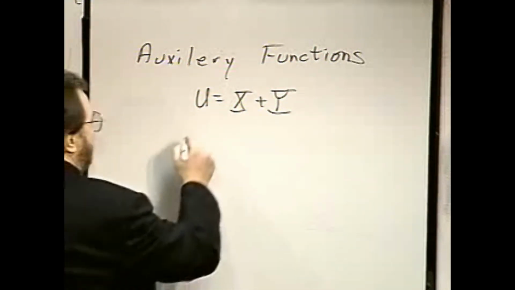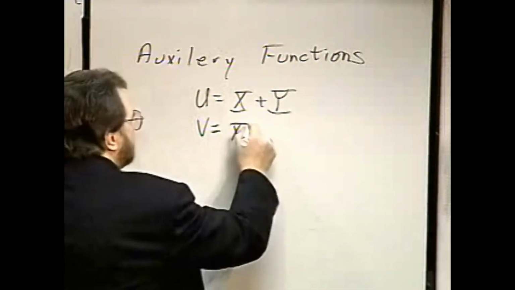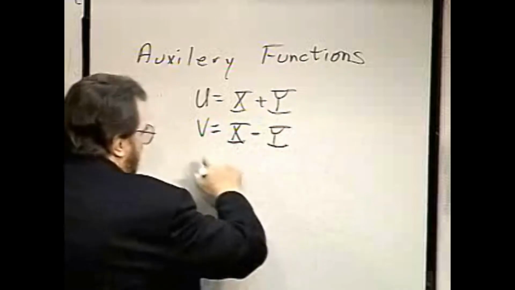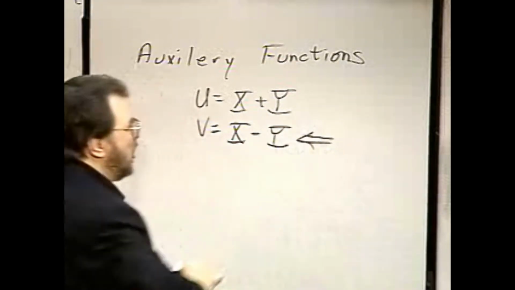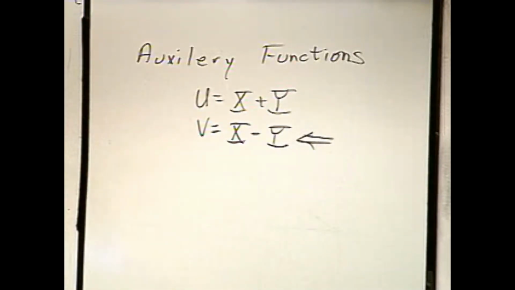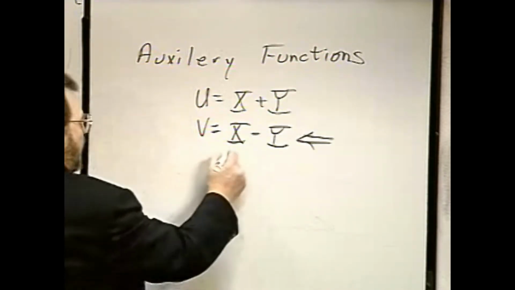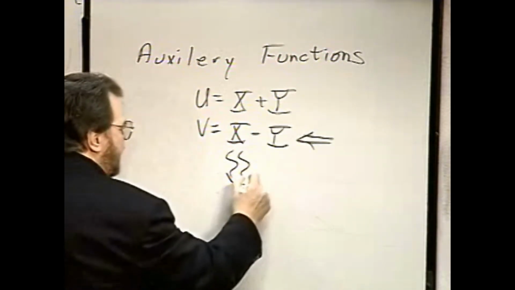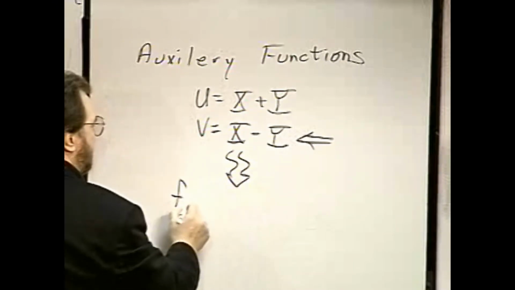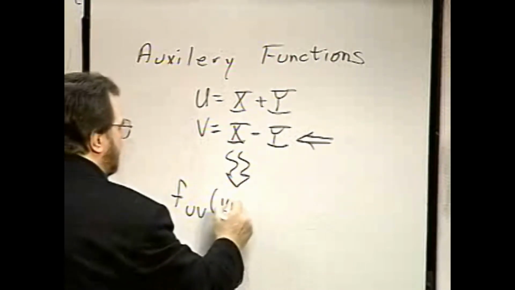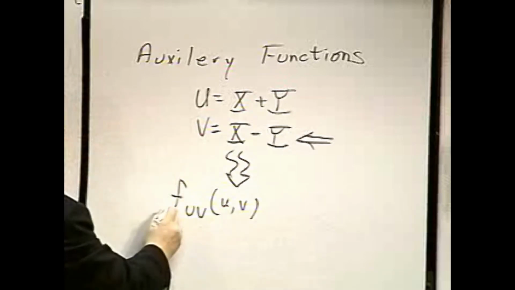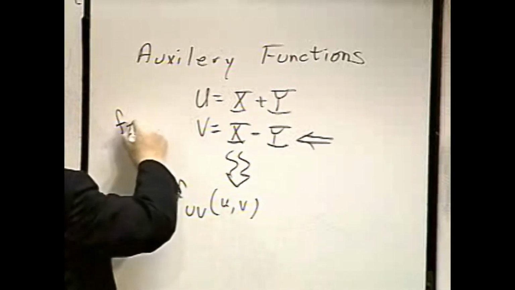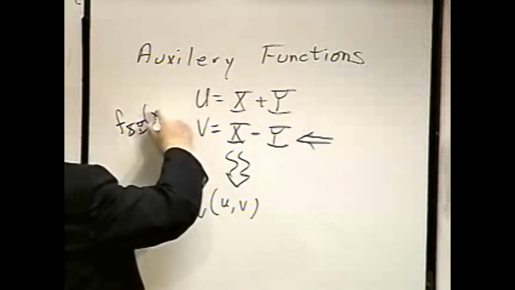A second way is to define v equal to x minus y. And this is something we don't want to know, but it becomes an auxiliary function and a catalyst for solving the problem. It's a different way of solving the problem than we did before, but it's an alternate way. And now what we can do is, using the Jacobian concept, come up with the joint density function f of u and v, given the density function for x and y.